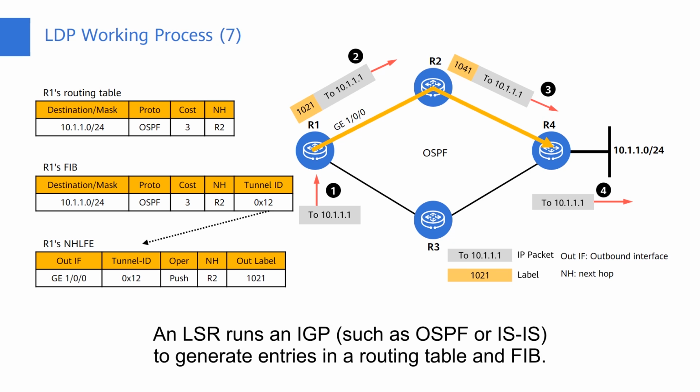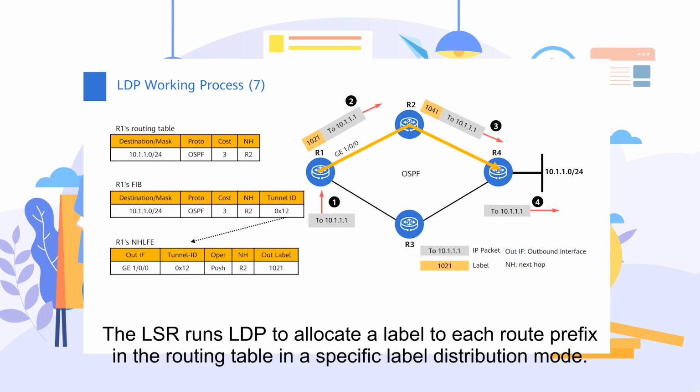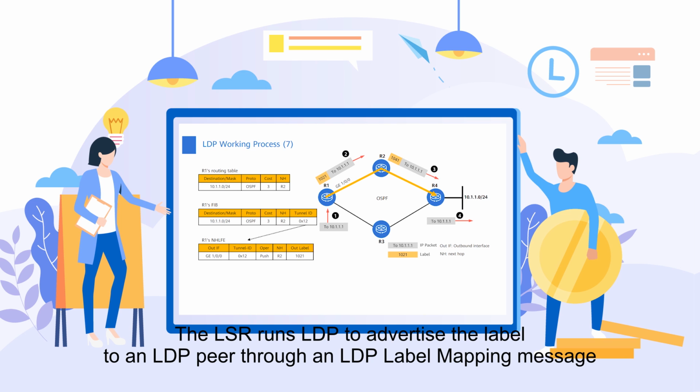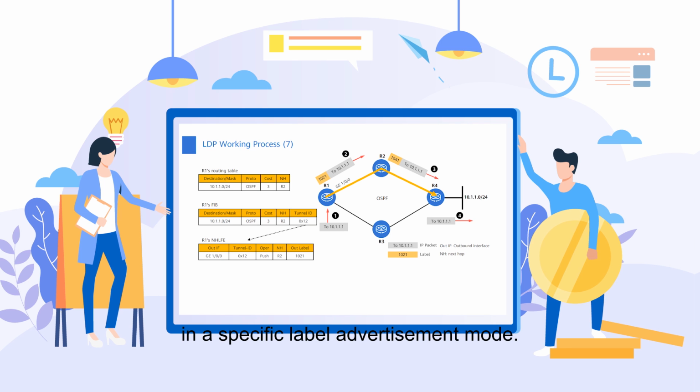An LSR runs an IGP, such as OSPF or IS-IS, to generate entries in the routing table and FIB. The LSR runs LDP to allocate a label to each route prefix in the routing table in the specific label distribution mode. The LSR runs LDP to advertise the label to an LDP peer through an LDP label mapping message in the specific label advertisement mode.